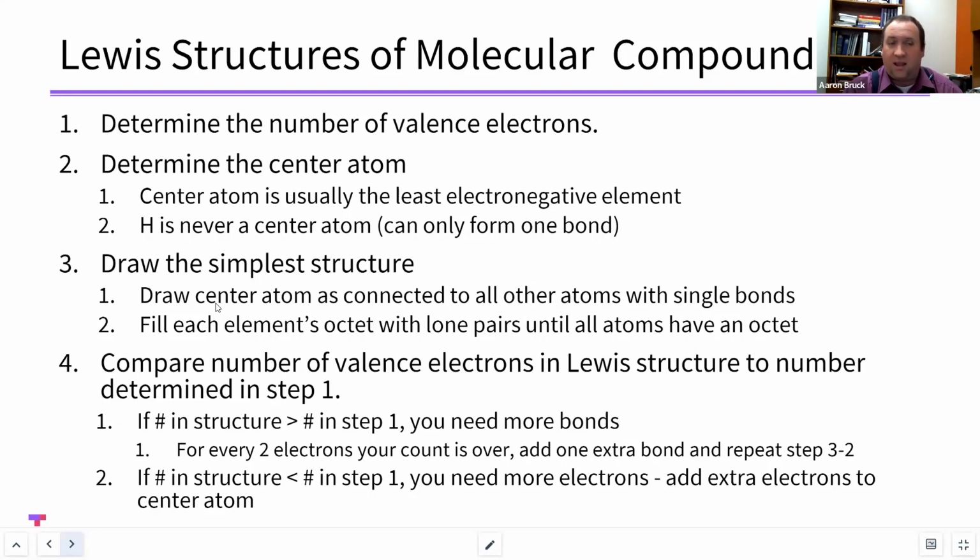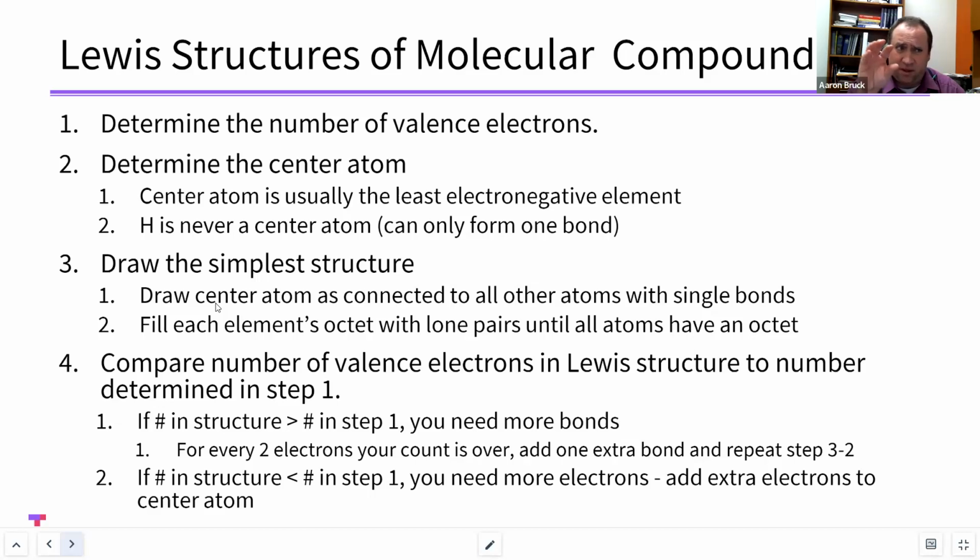We do that by looking at the chemical formula and adding together the number of valence electrons in each element and therefore in the compound itself. We need to determine the center atom. The center atom is going to be the atom that is the least electronegative, that is not hydrogen. And then we start by drawing a simple structure.